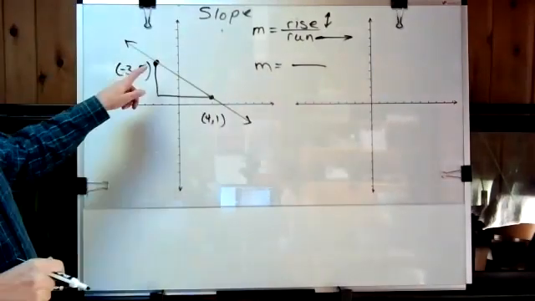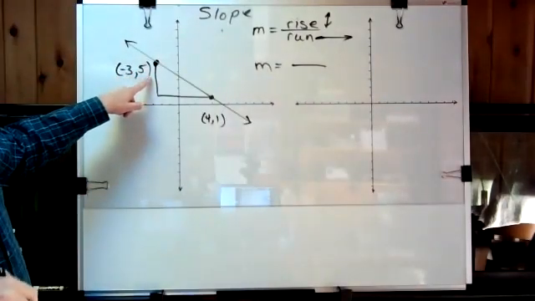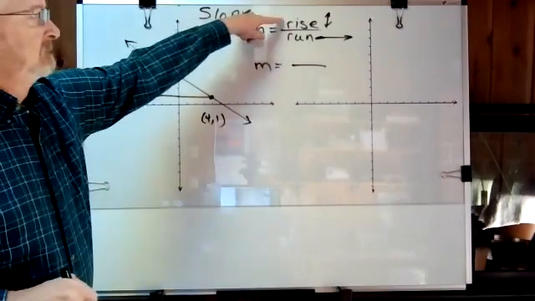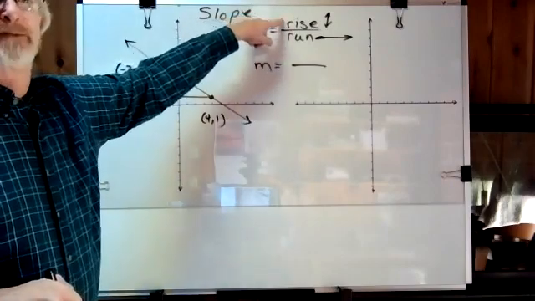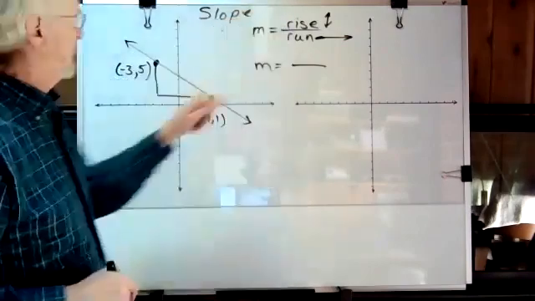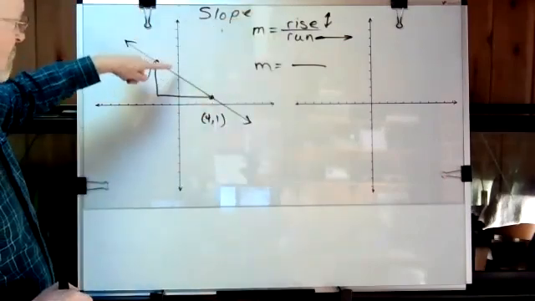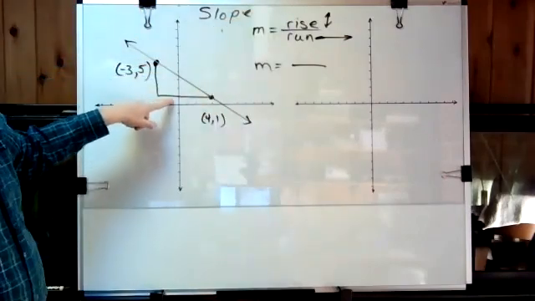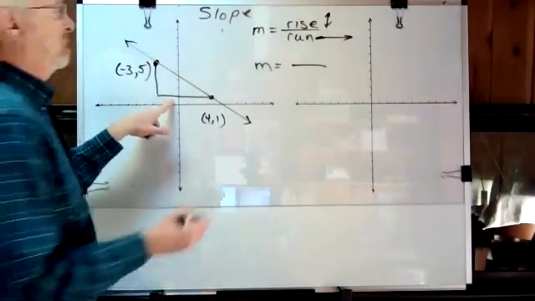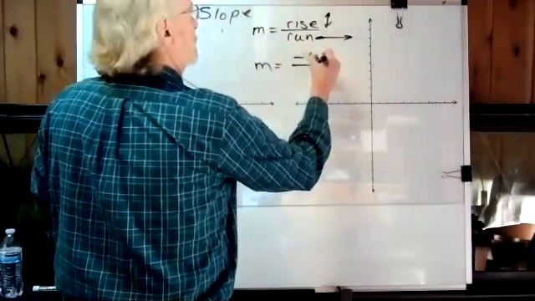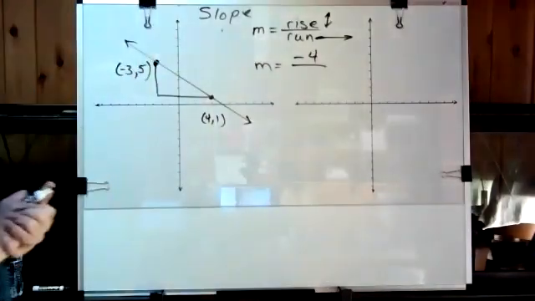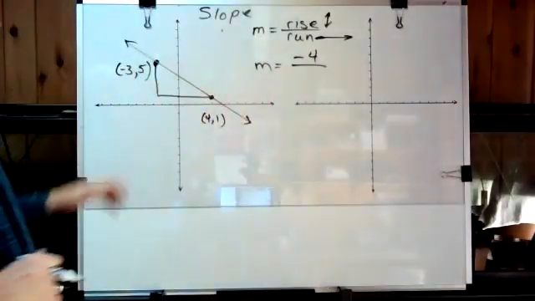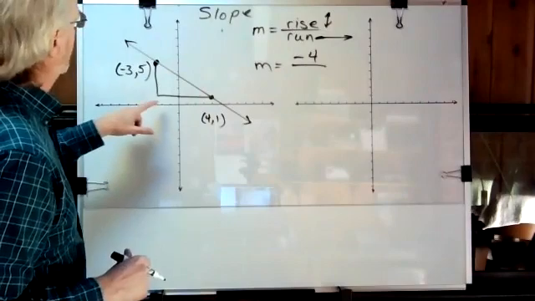Starting from this point, how much was my vertical change, or how much did the rise change? Well, I went down 1, 2, 3, 4. There's my negative. I went down 4. I went -4. My horizontal change, what did I call that?